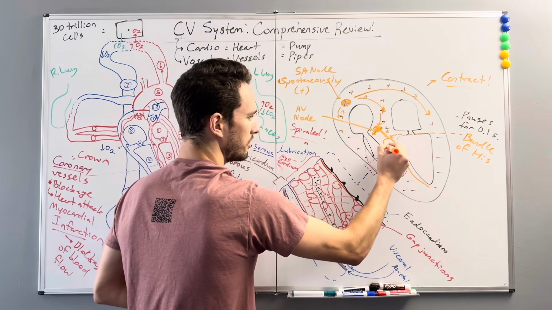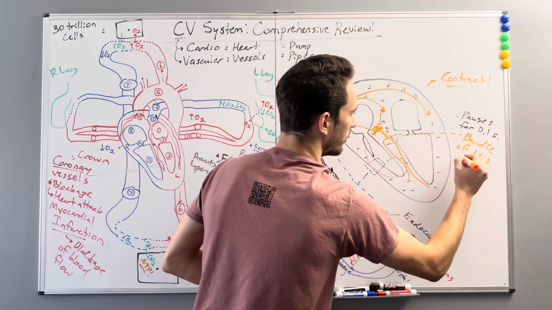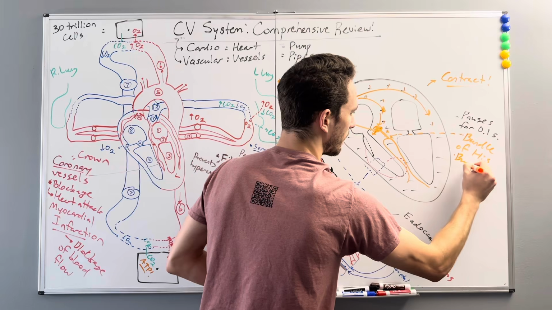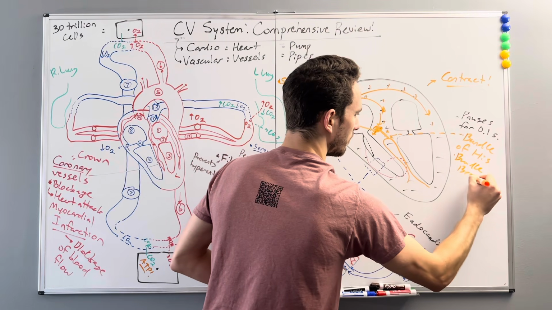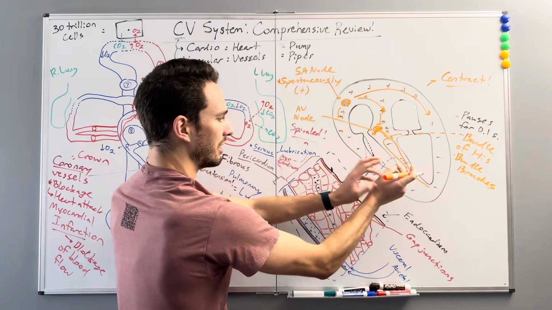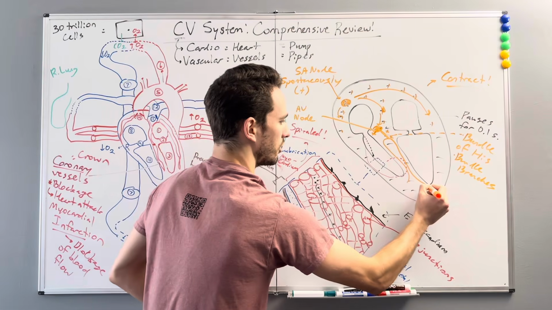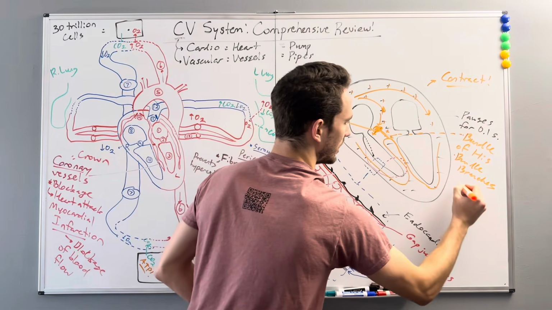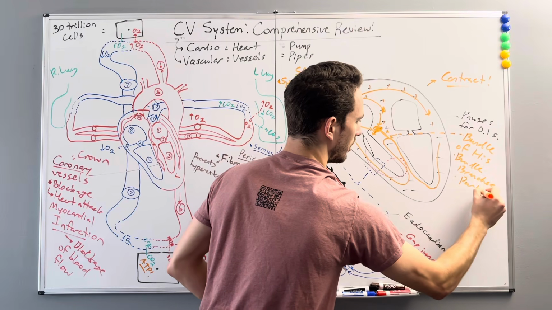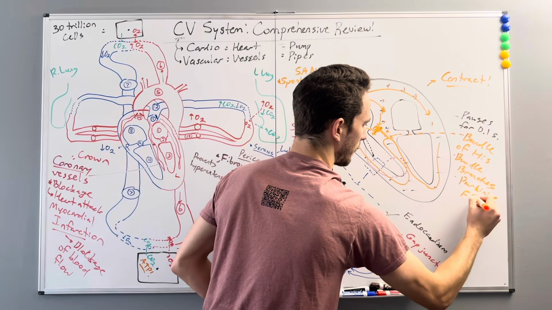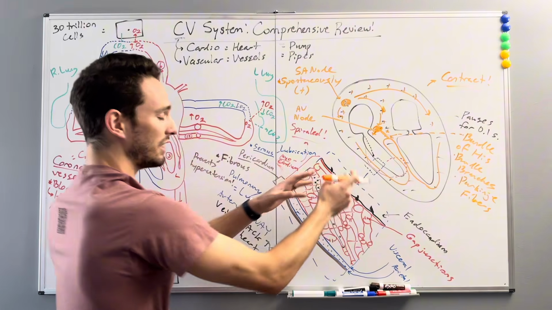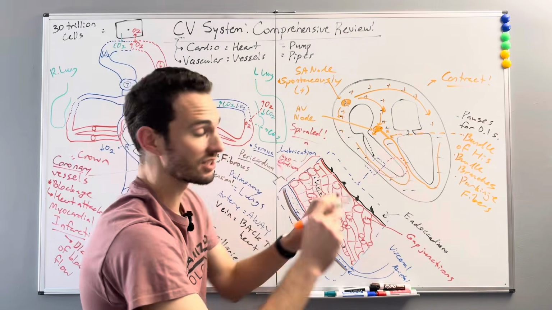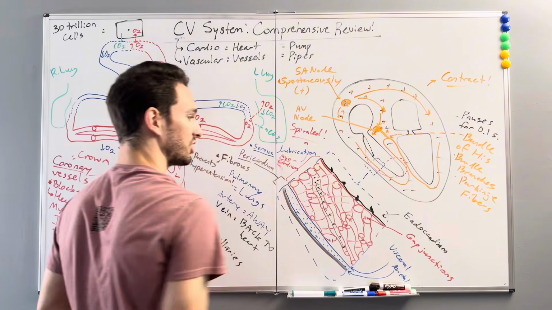I'm going to draw those here. And we've got the bundle branches next. All right, and then after the bundle branches, we're going to innervate basically all of the ventricular muscle through here. And we call the last bit the Purkinje fibers. Purkinje fibers. Okay, so that is basically all the wiring, essentially, of the conduction system.